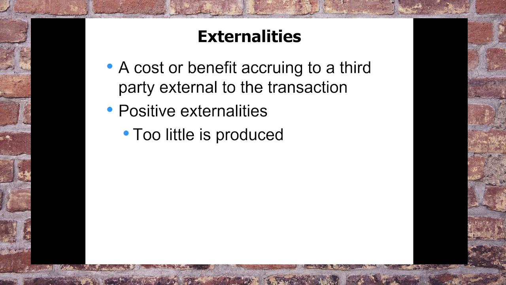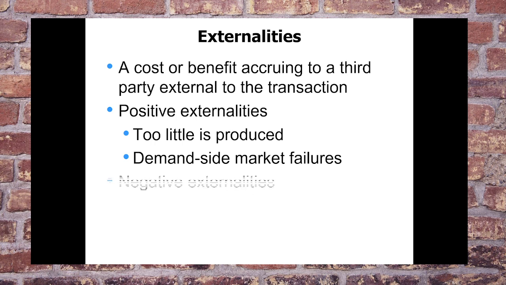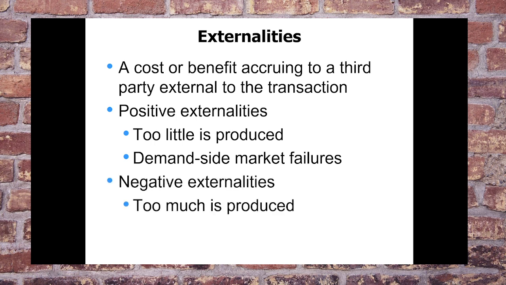Someone is benefiting from the good who's neither the producer nor the consumer. We'll get into more details. That's a demand side market failure. Remind me to tell you why it could also be supply side. But for the class, you just need to know that it's a demand side market failure. Then you have a negative externality, where too much is produced. This is a supply side market failure.